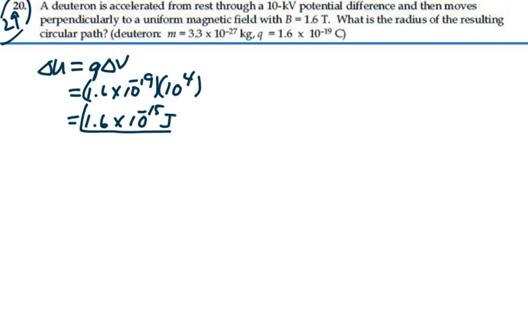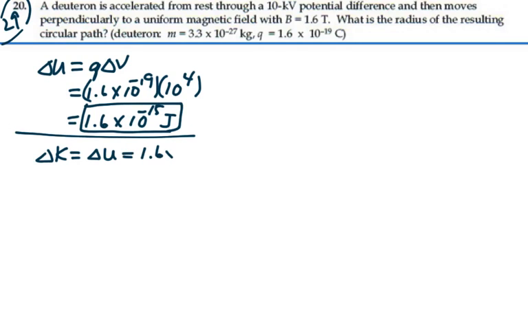All that change in potential energy will go into kinetic energy. So our change in kinetic energy is going to equal this change in potential energy, at least in magnitude, 1.6 times 10 to the minus 15 joules.